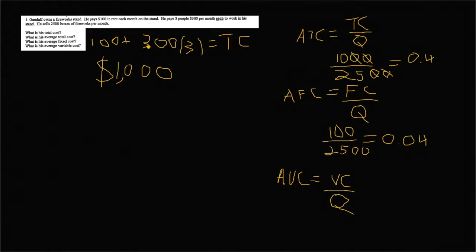Which is going to be 900 divided by 2,500. So that would be 9 over 25. And I'm not going to simplify that, but that's it.